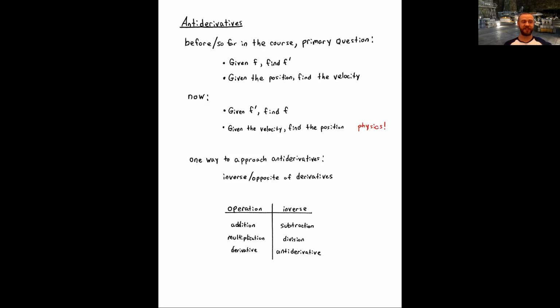Multiplication, its inverse is division. And if we try to define this mathematically for the operation of finding a derivative, as it turns out, there is an inverse or opposite, which is called, uncreatively, an antiderivative. So that'll be how we approach it. If you continue on through the calculus sequence into calculus 2, you'll see other ways to find antiderivatives, building off what we cover in our course right now.